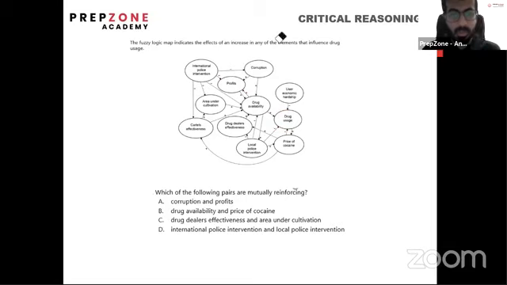Okay. So answer choice 1, corruption and profit. Okay. So if corruption increases, profit increases.